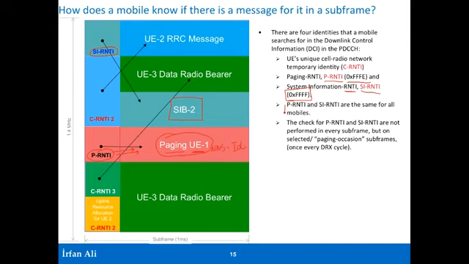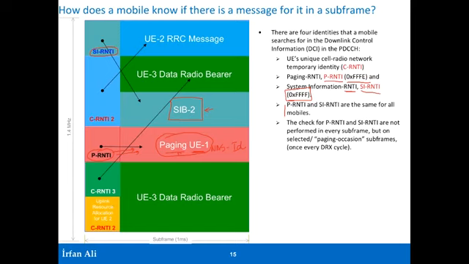Now, as we said, the P-RNTI and SI-RNTI, the system radio network temporary identities, are the same for all the mobiles, and the page message or the SIB messages are not present in each and every subframe.